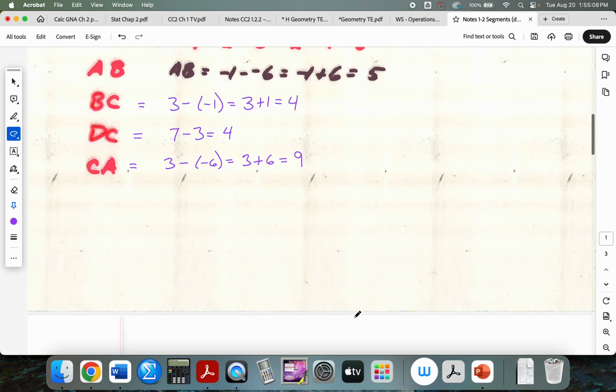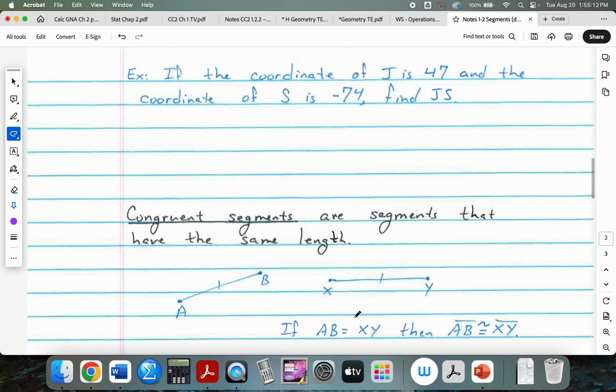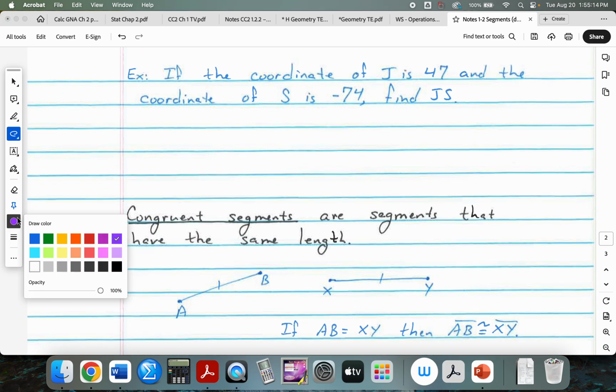Okay, let's go on to page 2. Occasionally I have a student who says, I'm just going to draw a number line for all of them. Like, okay, feel free to spend your time drawing a number line that goes from -74 to +47.